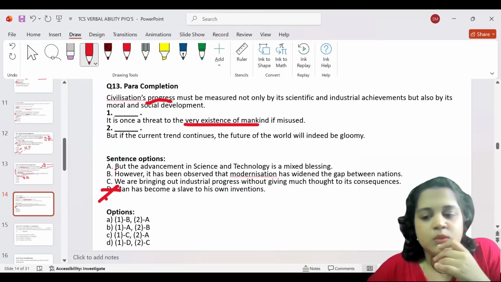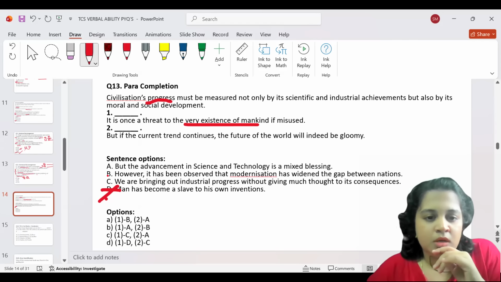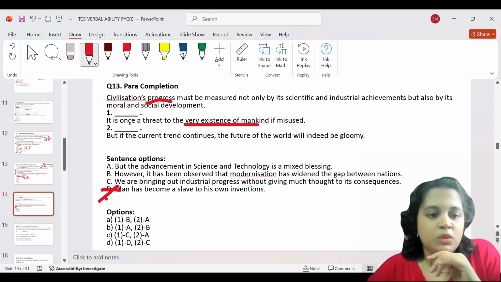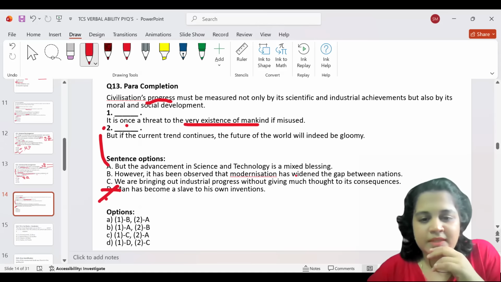But the advancement in science and technology is a mixed blessing. This could go into the second blank. So if that goes into the second blank, then I'm left with B and C. It has to be one of these, obviously. However, it has been observed that modernization.